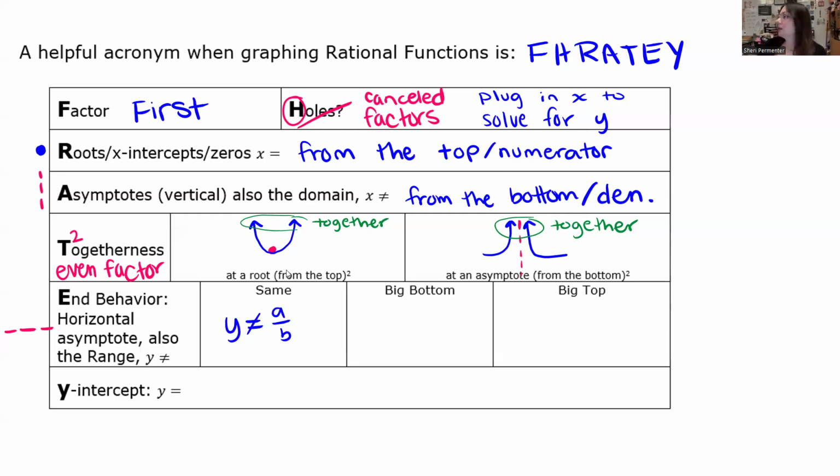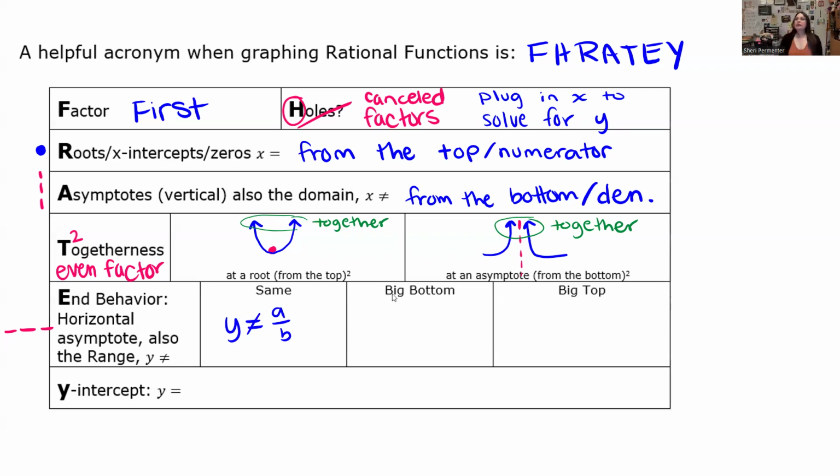It's an asymptote. Now, the equations of the asymptotes are actually x equals or y equals. But here, I'm going to say x is not equal to, because that's referring to the domain. X can't be equal to those things. Same thing here. End behavior helps you determine the range, and it's when y is not equal to this value. Your graph doesn't touch it.